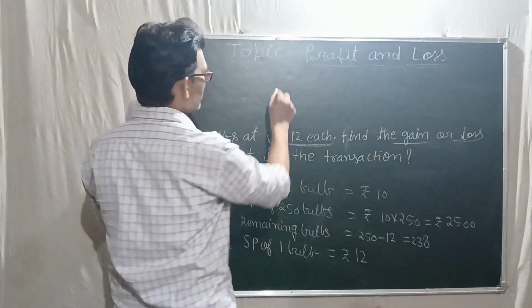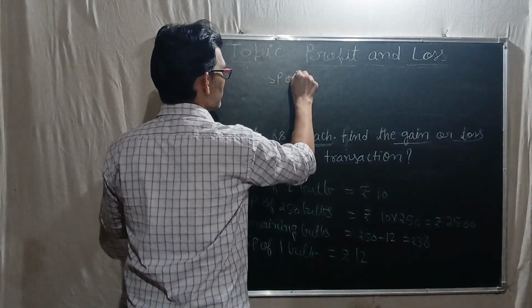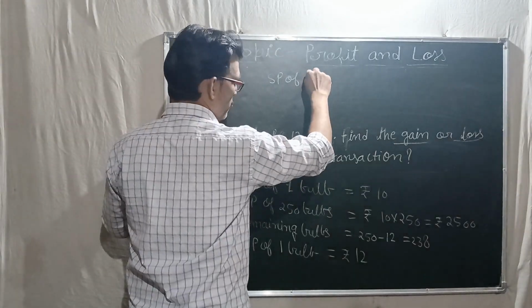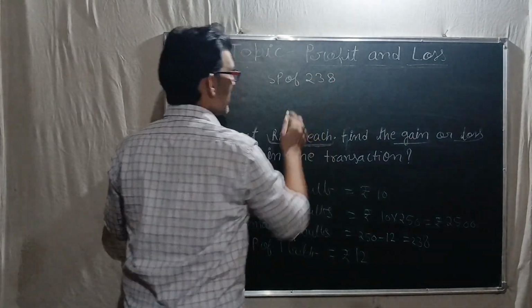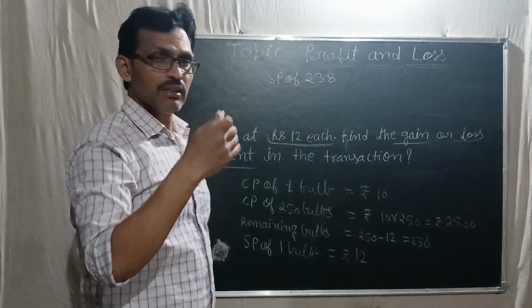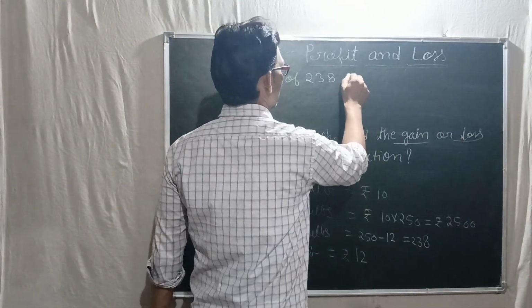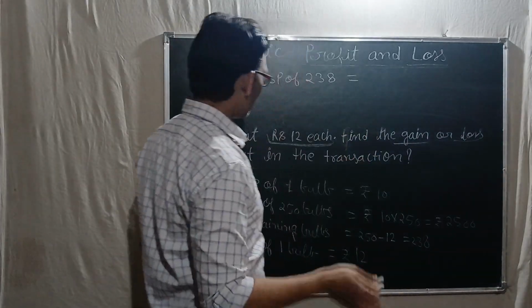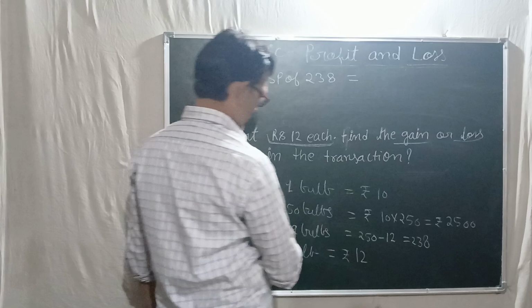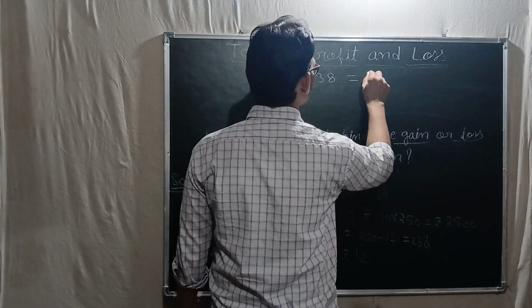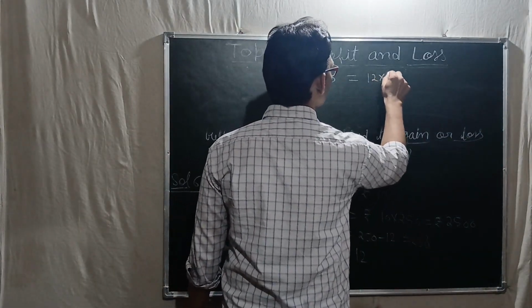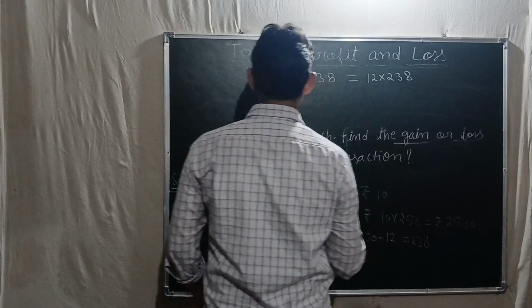SP of 238, because 12 got fused so he threw them away. Now the SP will be found on the remaining only. That is 12 into 238.